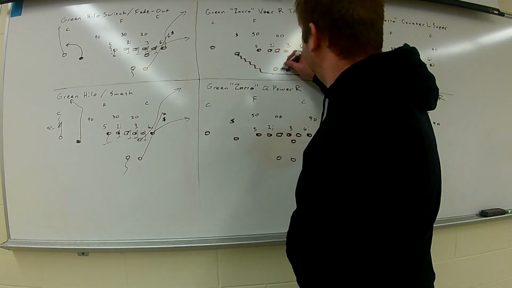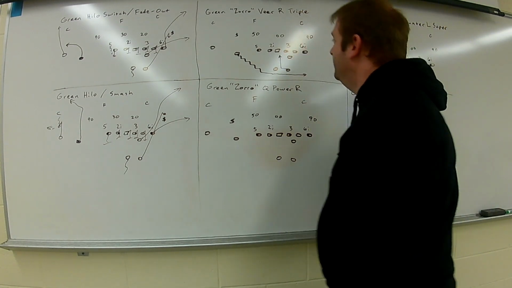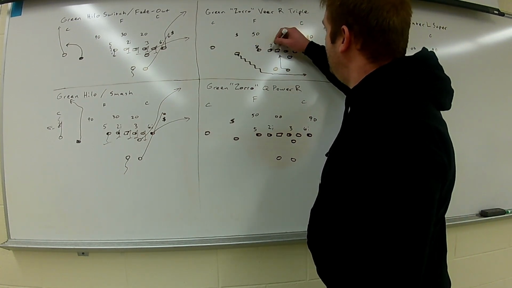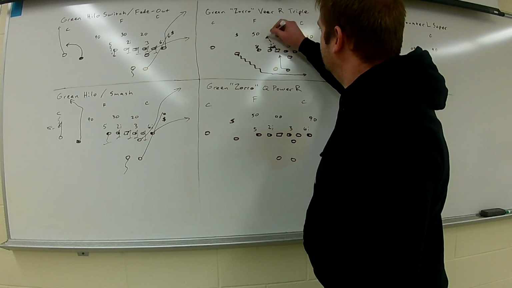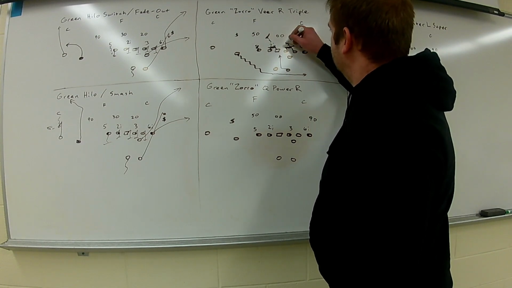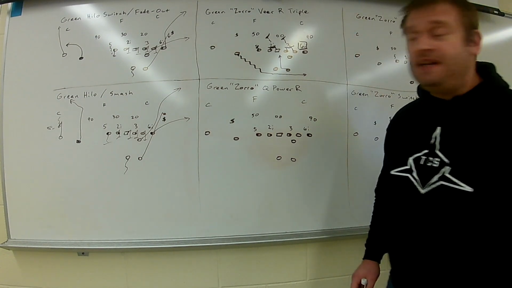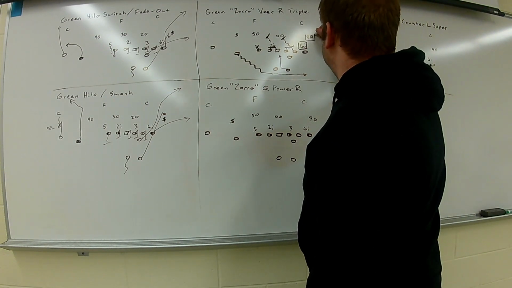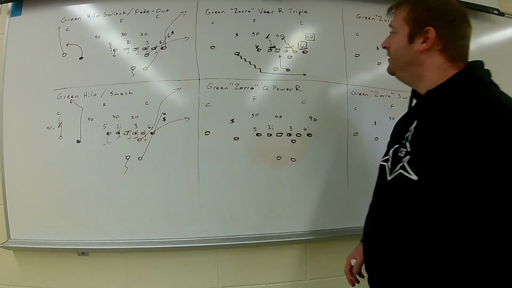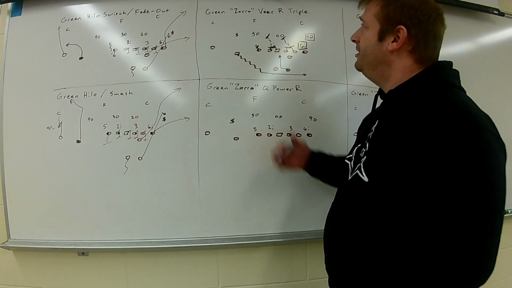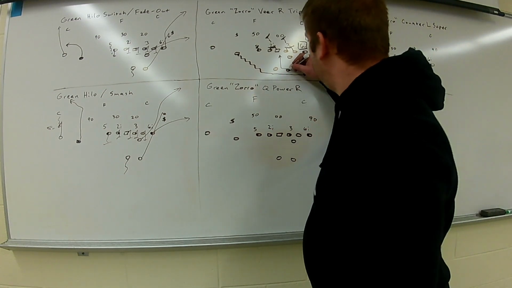So there's our A-back, aiming for the near A gap. Our guys are going to be zoning to the left. We'll be making the 6-eye the dive key, and then the 90 technique, the outside backer outside of them, the pitch key.